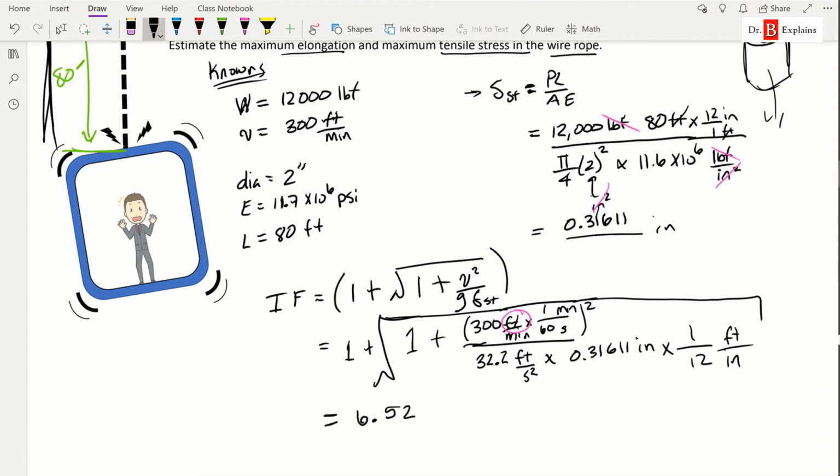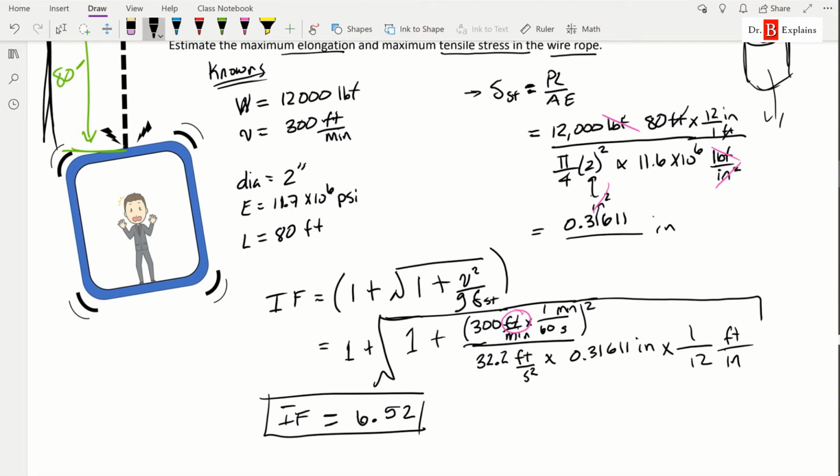Let me just make sure I plug in the right numbers in my calculator. 1 plus 1, 2 divided by 60, 0.31611 divided by 12. Yeah. So that's our impact factor. This is telling us how much we're going to magnify both the elongation delta and the tensile stress.